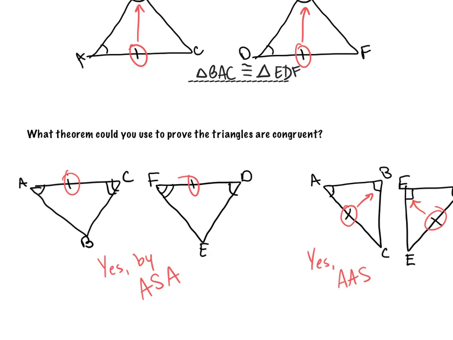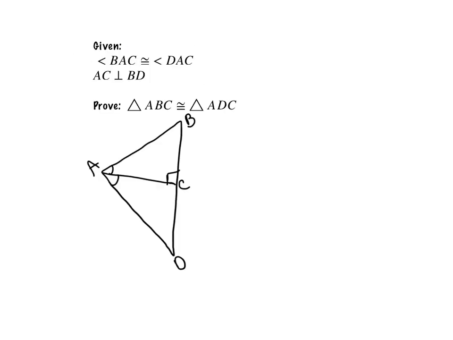So when we're given stuff like this, where it says given, and they list some information and prove they're congruent, what's the first thing I need to do? Draw a triangle. Then check for vertical angles and shared sides. But before I do that, I need to make sure what's given is marked.